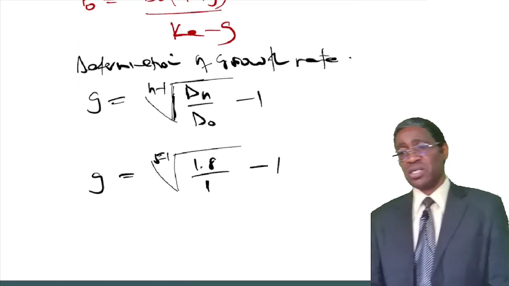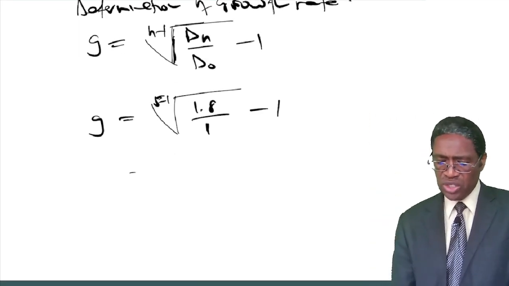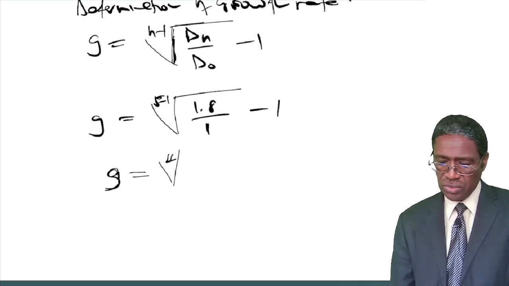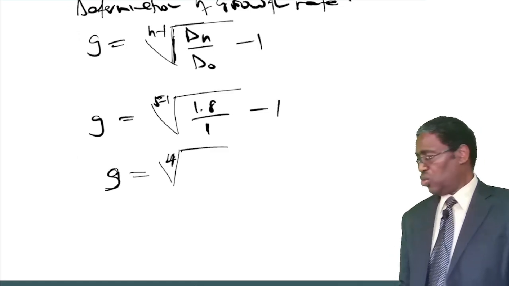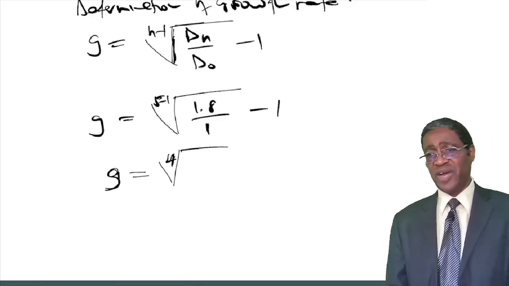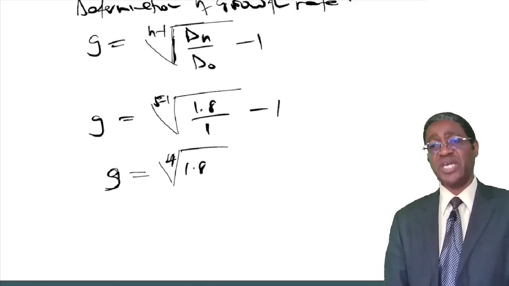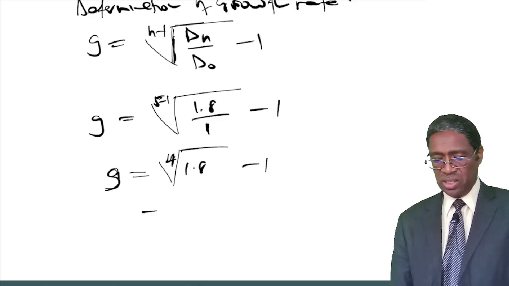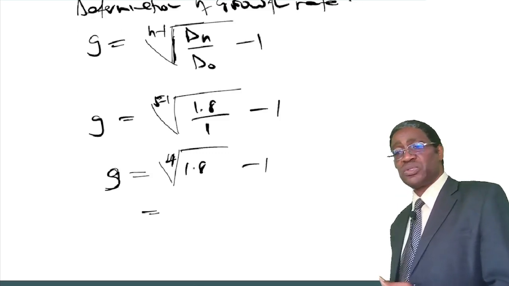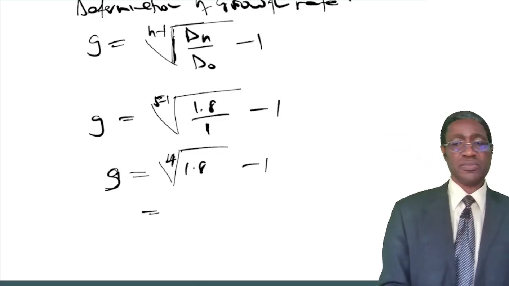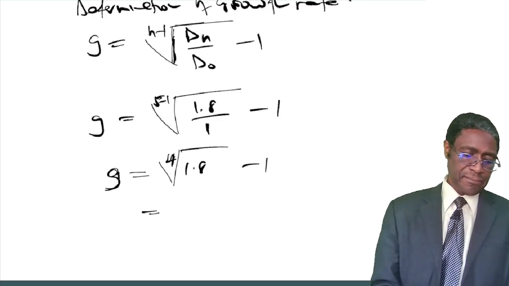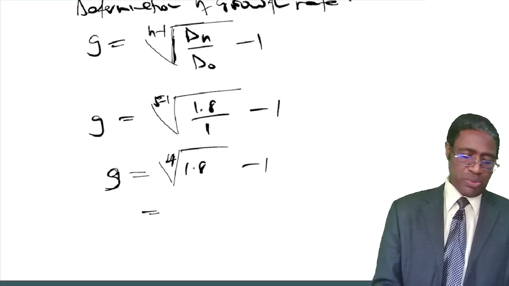Whatever I get, I minus 1. So G is the fourth root of Dn over D0; any number divided by 1 is the same number, so it is the fourth root of 1.8, minus 1.